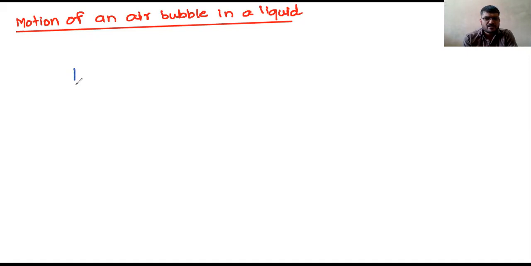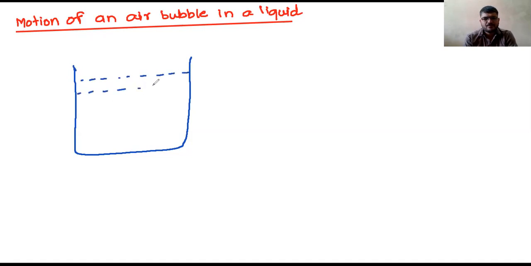I have taken a container, and this container consists of water. Now this is an air bubble. Its radius is small r.